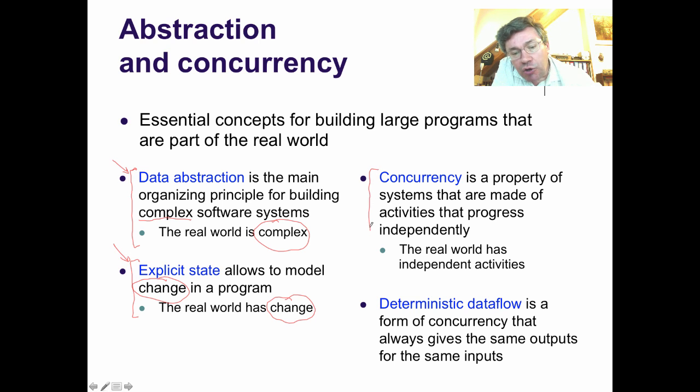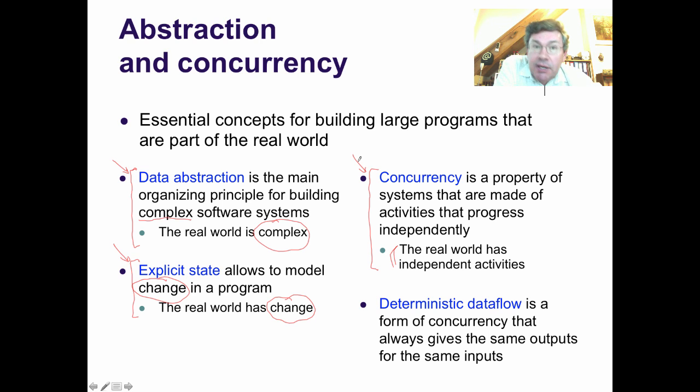And then there is concurrency. Concurrency is a property of a system when you have many independent activities, activities that are progressing independently and do not necessarily interact. The real world, of course, is full of independent activities. We have to be able to mirror this structure inside of a program, and that's what concurrency is all about.